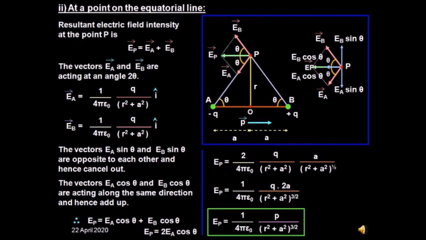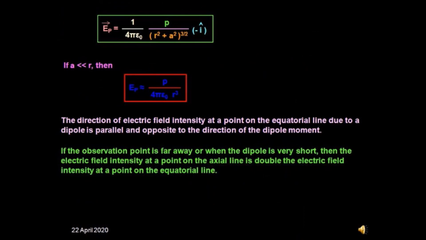Till here we have not applied any approximation. So we can use this formula as the exact formula of the electric field on the equatorial line due to a dipole. One more thing we can notice is that in the diagram our net electric field is towards left, but the dipole moment is towards right.